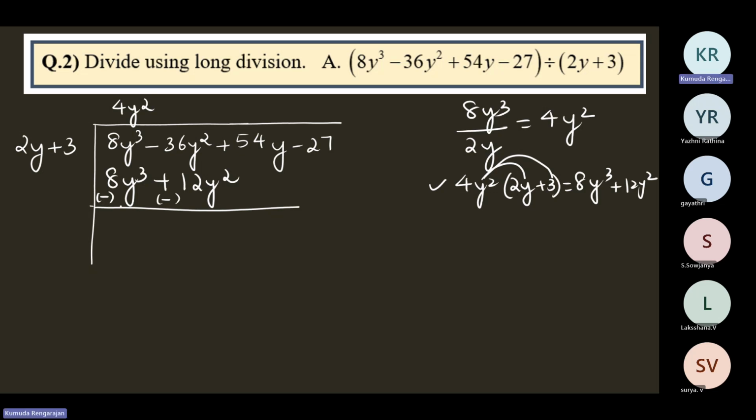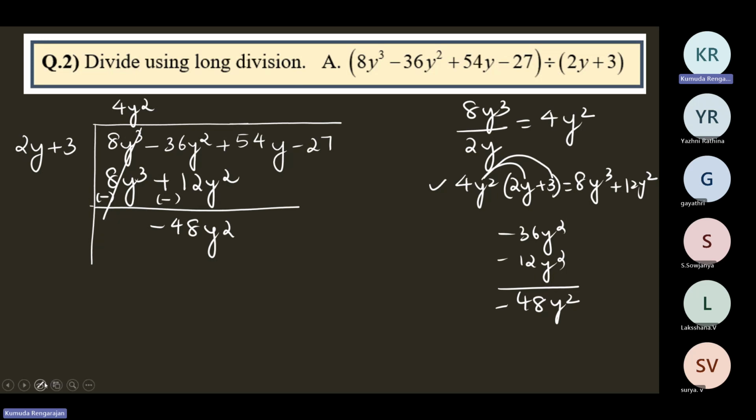Now plus 8y cubed minus 8y cubed is 0, which means they get cancelled. Minus 36y square minus 12y square: same signs, add 48, put the same sign and y square. So minus 48y square. Bring the next term down. In fact, you can bring all the remaining terms down.